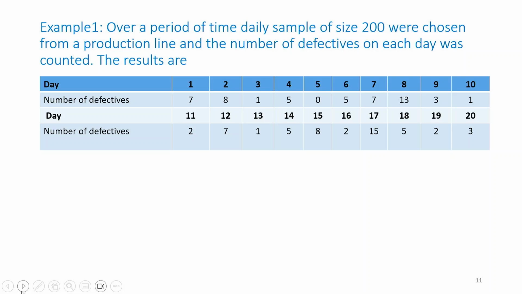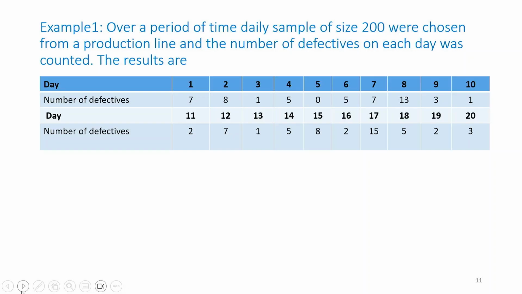On a daily basis, we are choosing the samples. These may be, let us say, t-shirts, or socks, anything that we are manufacturing. The number of defectives on each day was counted, and the results are given in the table.